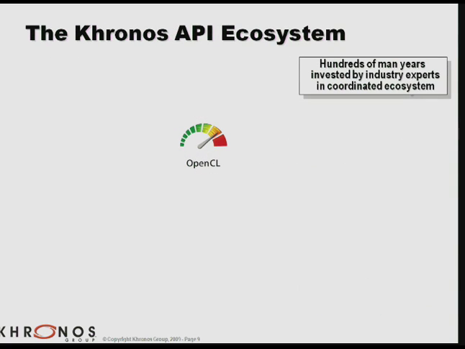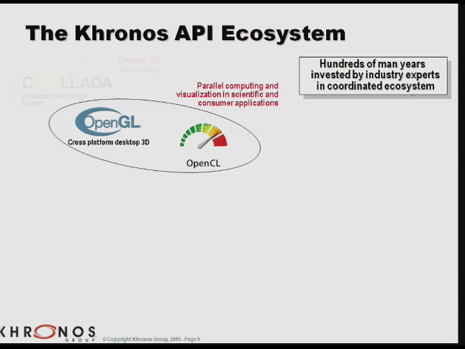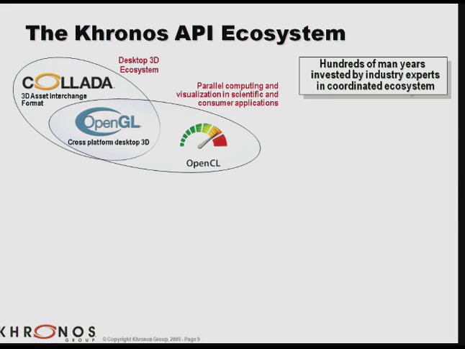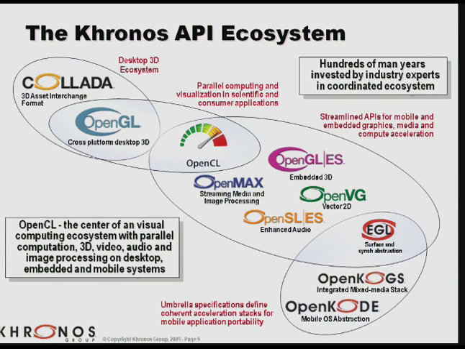If you look at OpenCL in the context of all of the projects that Khronos is creating, OpenCL is at the center of an API ecosystem that has now taken hundreds of man-years to create. On the desktop side, OpenCL interoperates with OpenGL. Collada is an open standard 3D asset interchange format, so you're getting a good authoring, desktop and high-end system visual computing capability. Khronos has put a lot of effort into multiple mobile standards.